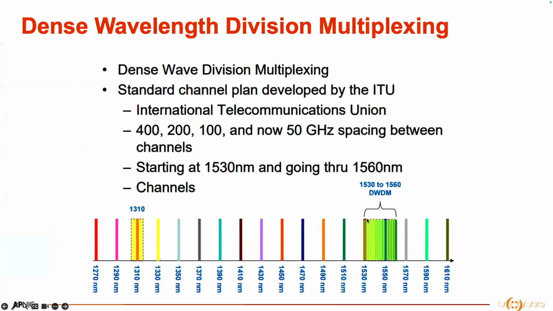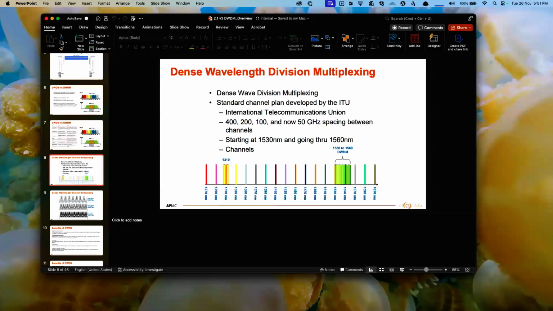Wavelength is the distance between two consecutive waves, the distance between their peaks. And the frequency is the time required to complete one complete cycle for the wave. So that is the difference between frequency and wavelength. It is a vice versa relation, I believe.